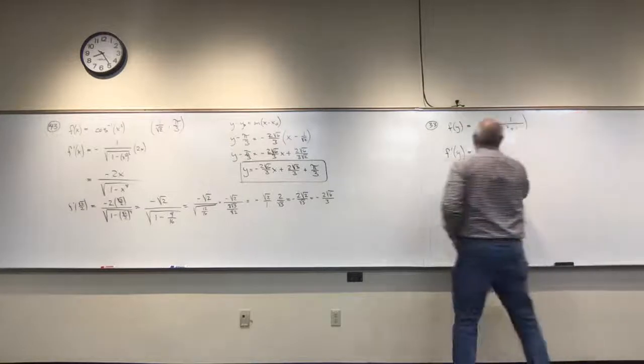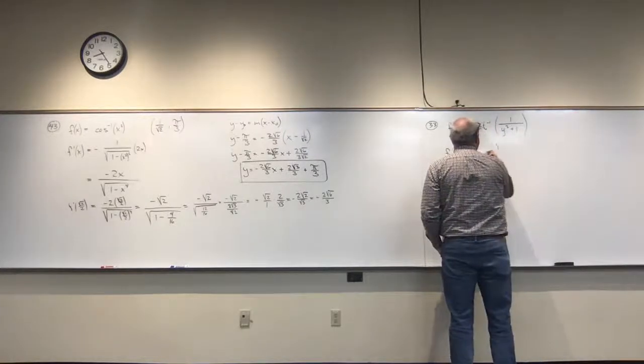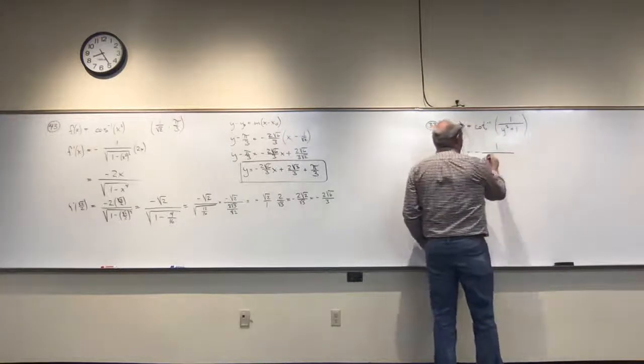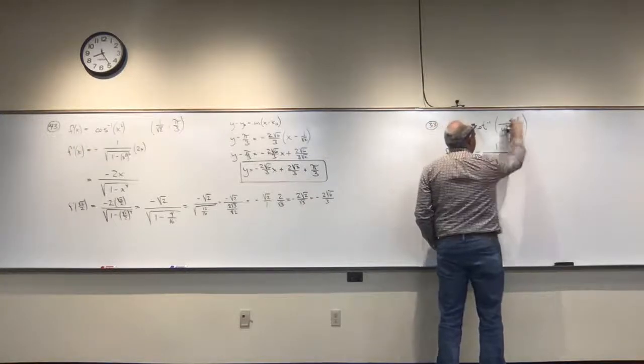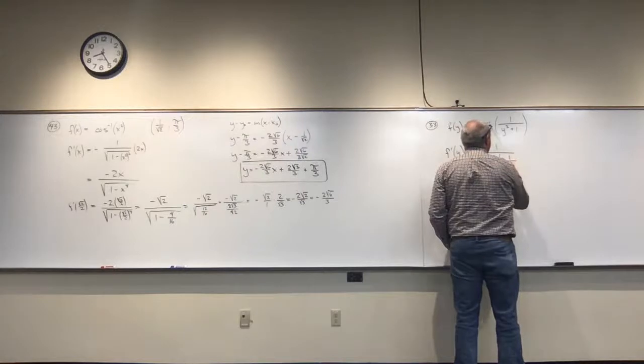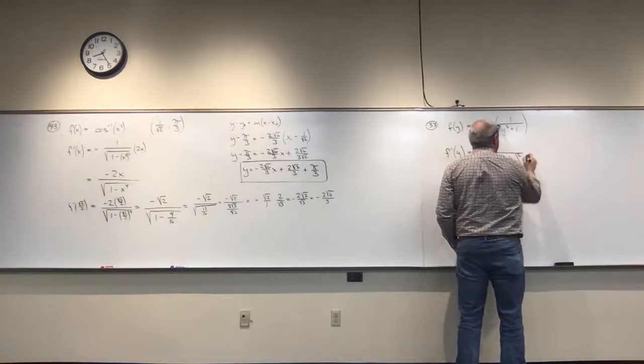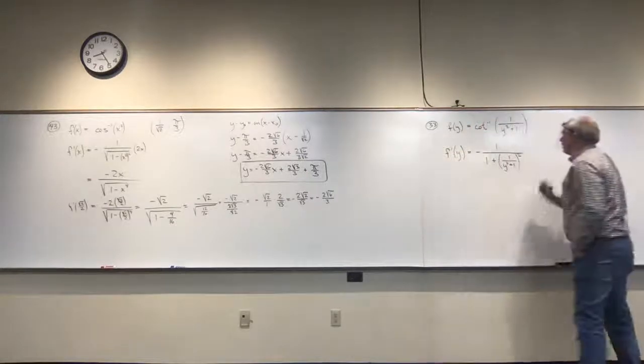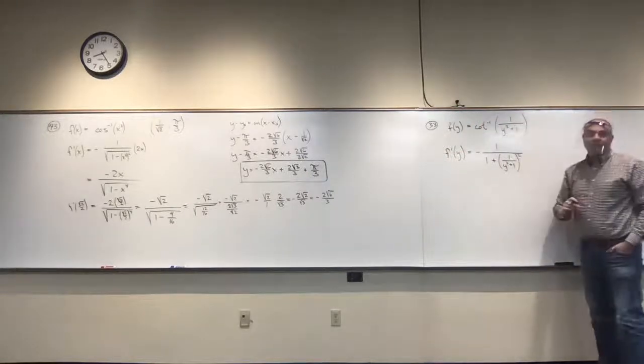So we're going to have negative 1 over 1 plus whatever is here squared. In this case, it's 1 over y squared plus 1, quantity squared. Then we need to multiply that by the derivative of what's inside.